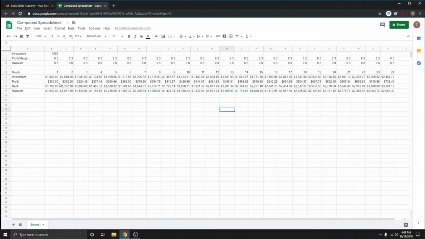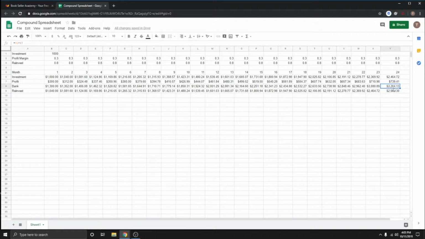So what this is saying is by the end of 24 months, using this type of formula, initial investment, you have a 30% profit margin, and you're reinvesting that back into the business and doing the same formula. You could see the growth of the business of what it'll be after 2 years.